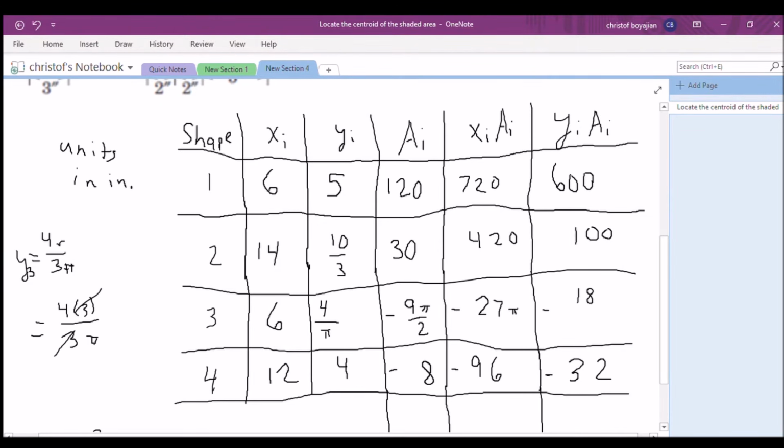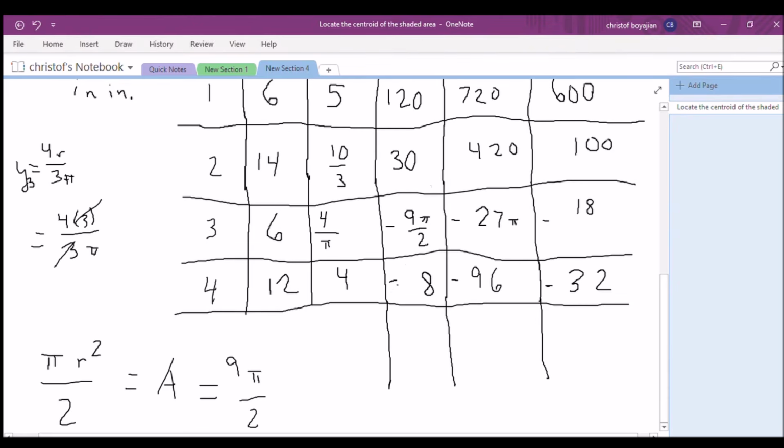So if I plug this into my calculator, 9 pi divided by 2, and that's negative, so let's multiply that by negative 1, plus 30 plus 120 minus 8. So this total area is 127.86.